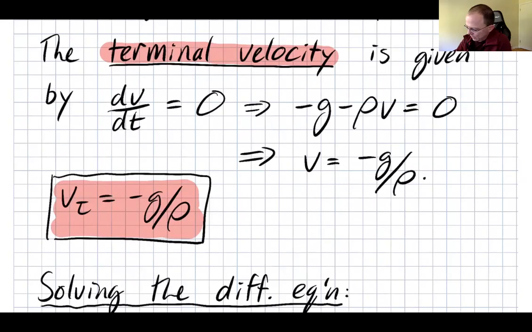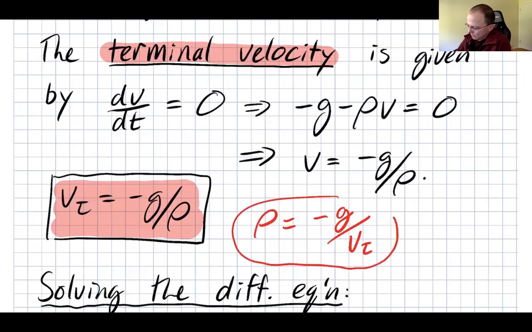Another way of saying this is that rho, this drag coefficient, is given by negative g divided by the terminal velocity. So there is the formula for this drag coefficient. It's just computed based on your terminal velocity.